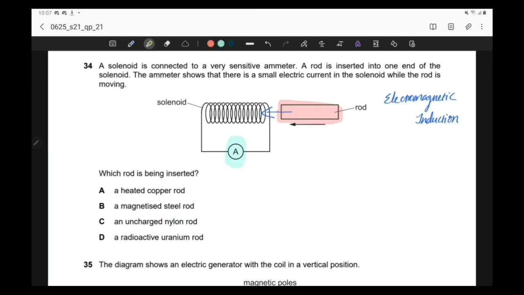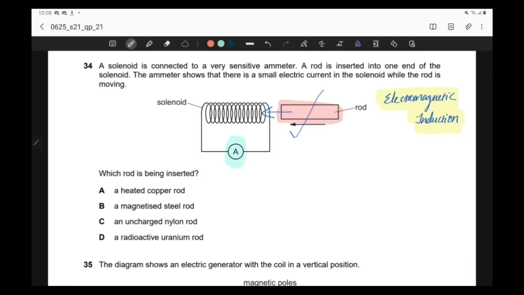Or we can understand that when the rod is inserting, as the ammeter is showing some reading, there must be electricity generating. It is only because of the process of electromagnetic induction. Now in order for electromagnetic induction to occur, what material should this rod be made of?